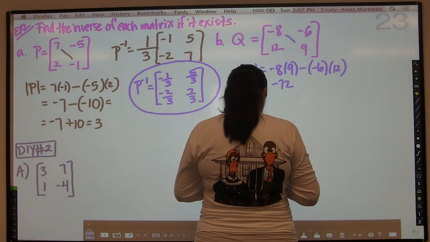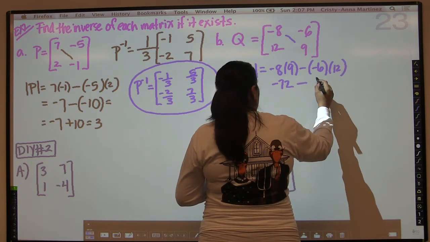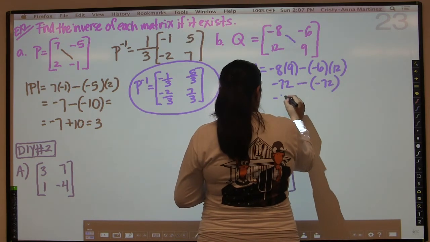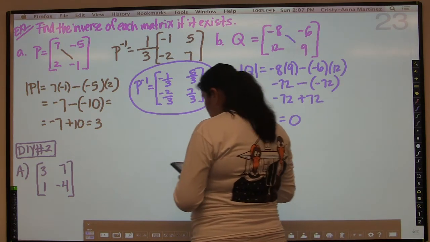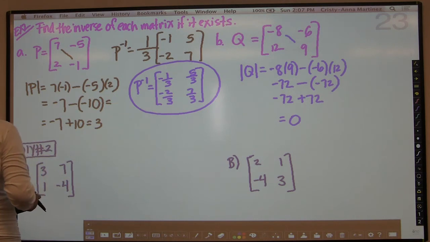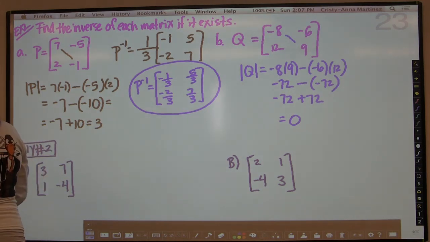And -6 times 12 is also -72, so minus -72, which is -72 plus 72, which equals 0. Now, because the determinant equals 0, that means that the inverse for Q does not exist. So at that point, we stop.